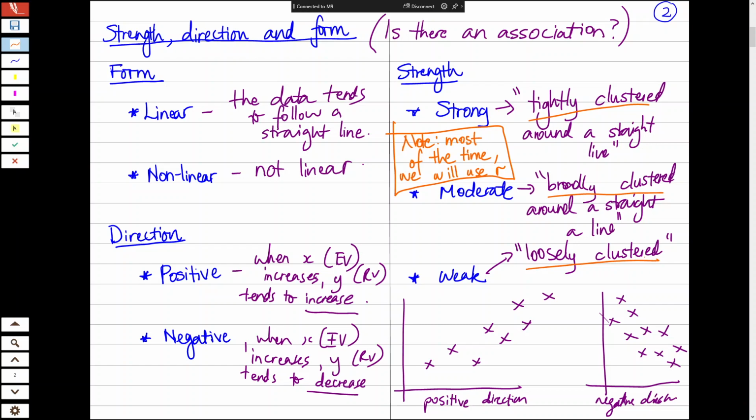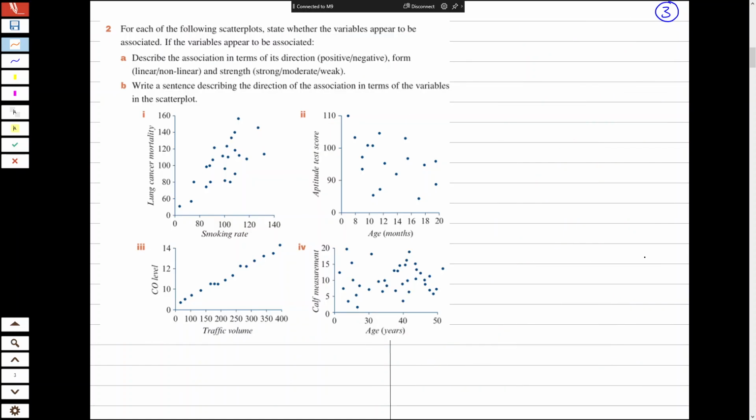Okay, so this is all theoretical. Let's get practical now. Let's apply these 3 steps to 4 examples, which are given in your textbook. Okay, so this is question 2 from exercise 2E. Don't you just love it when you can tick off the work program during class? Okay, so remember, there are 3 things we are looking for.